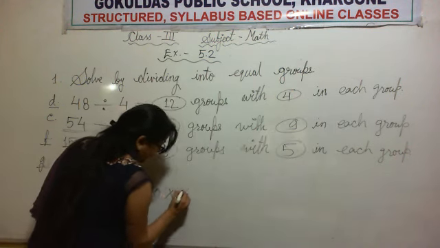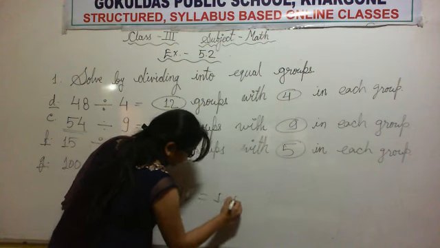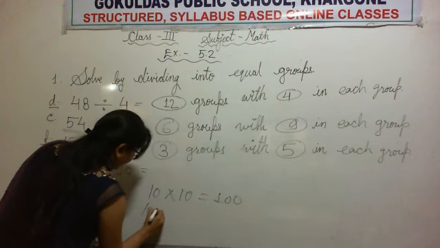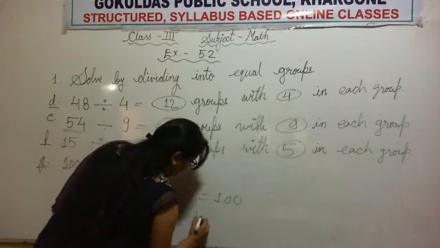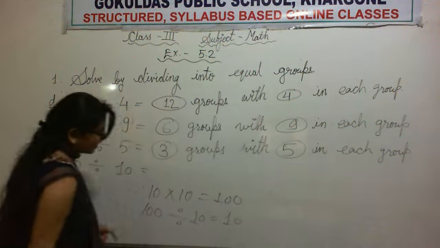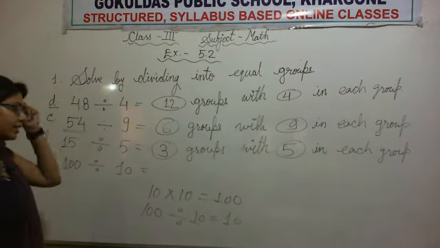So 10 multiplied by 10 is equals to 100. So 100 divided by 10 is equals to 10. This is the multiply divide cycle.